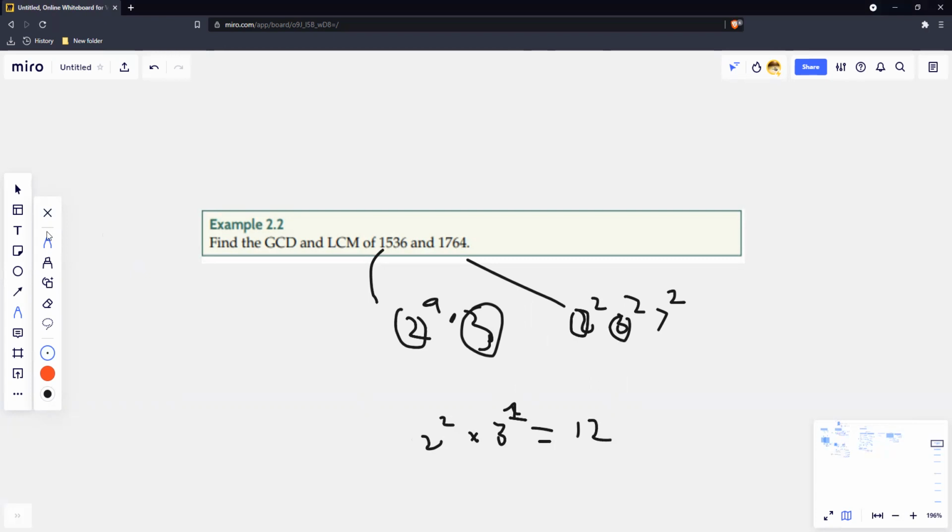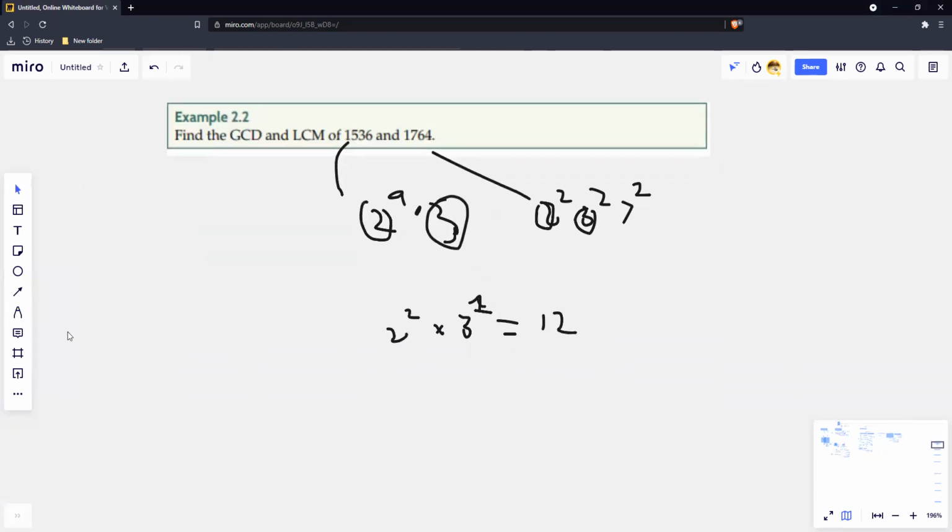Let's check if it was correct. Okay, and then for the LCM, we do about the opposite. For 2, the maximum power is 2 to the 9. And for 3, the maximum power is 3 squared. For the LCM, we take the union, so we include 7, even though it's not written here, it's still here.